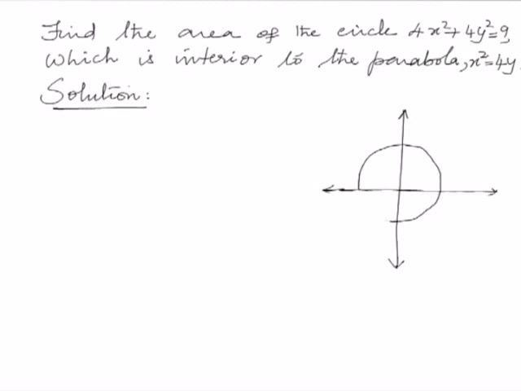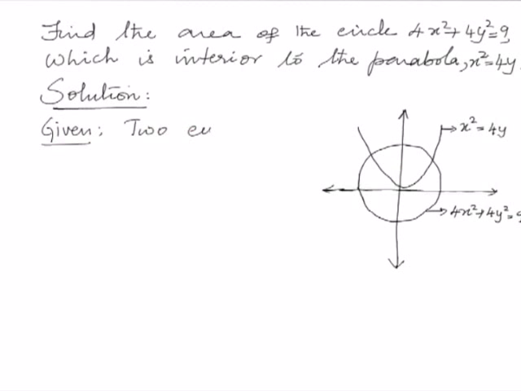So, we have a circle, yes, we are drawing here with the equation 4x squared plus 4y squared is equal to 9 and a parabola with the equation x squared is equal to 4y. Now, let us consider the equation of the circle and understand what the radius is.